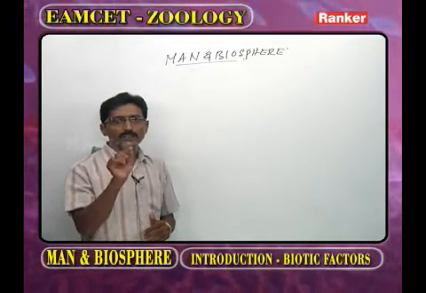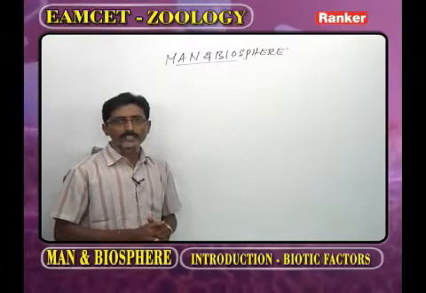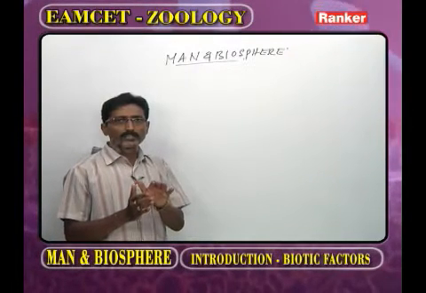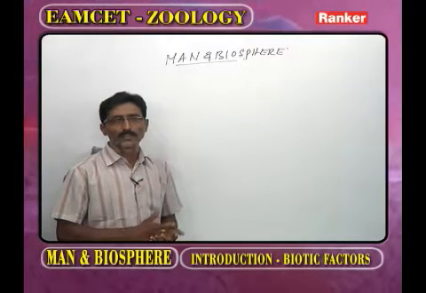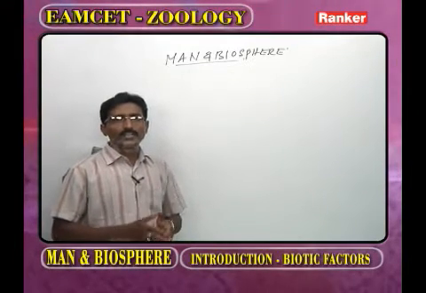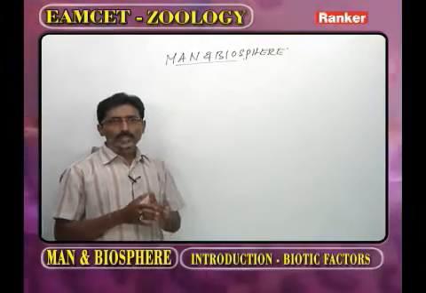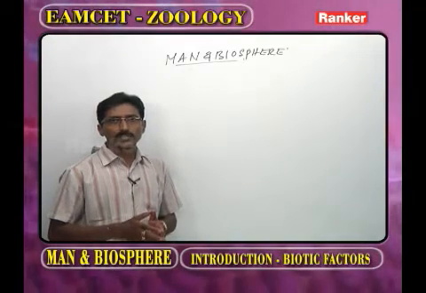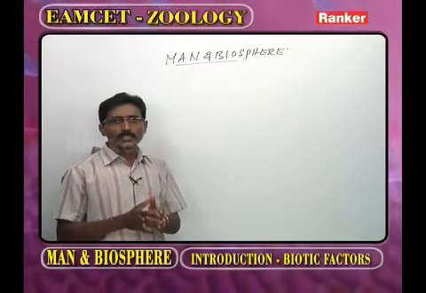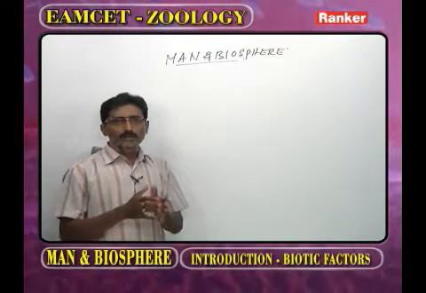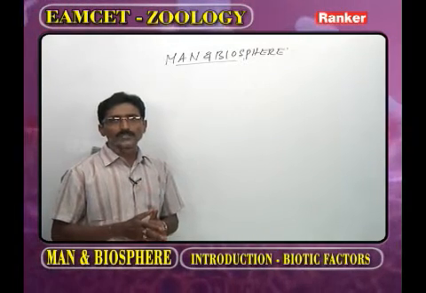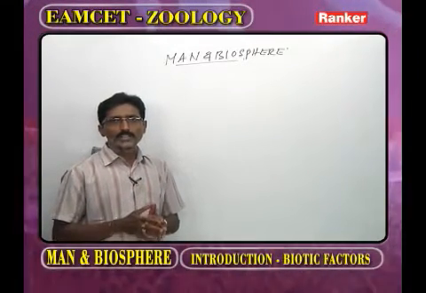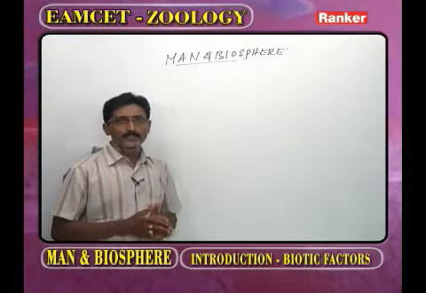One question definitely comes from biodiversity, and the remaining 3 bits come from the rest of Man and Biosphere: the introductory part, light, temperature, water, biotic factors, the functions of ecosystem, population ecology, lake ecosystem, etc.